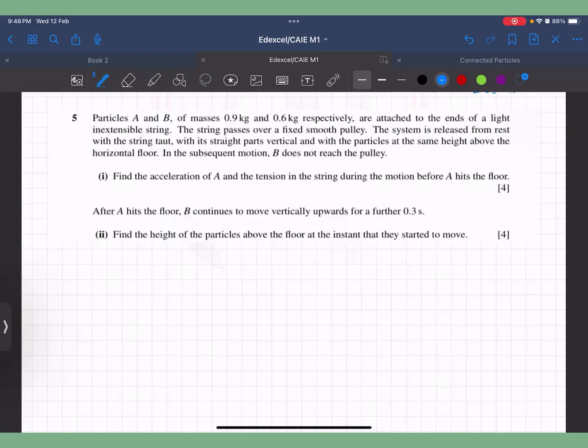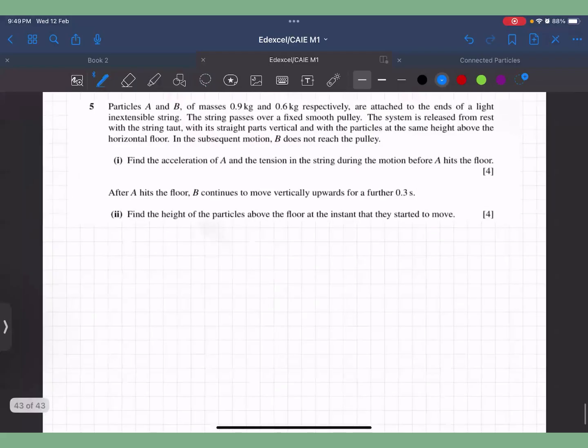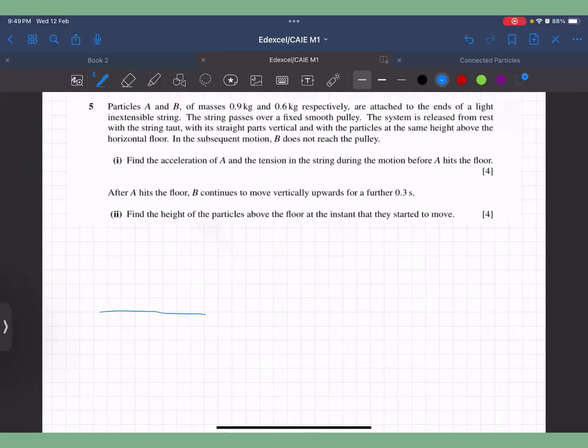They have not given you the diagram, but they have explained everything. There is a floor, and then a fixed pulley, and both of these masses are vertical and at the same height. So this is your A, this is your B, with masses 0.9 kg and 0.6 kg.